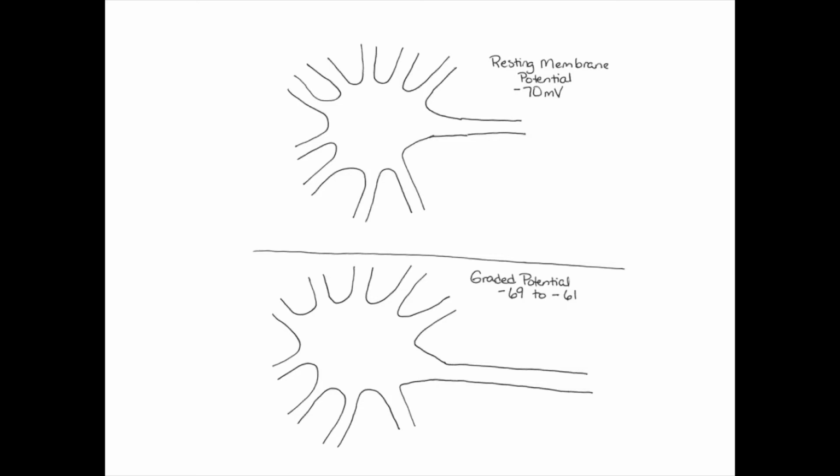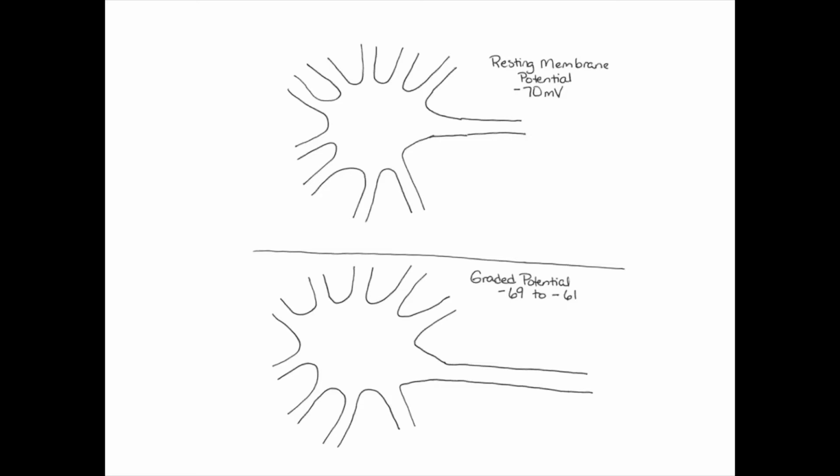We're going to spend a bit of time now talking about the 3 different types of transmembrane potentials. We have the resting membrane potential. This is a potential where the neuron is resting and nothing has disturbed it.